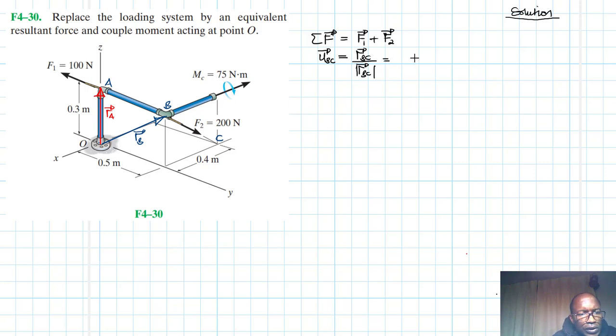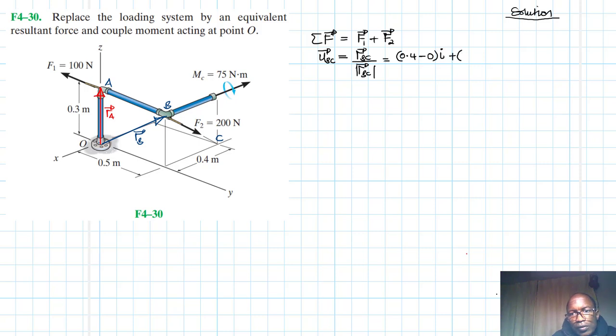The coordinate of C in the X is 0.4, and then the coordinates of B in the X, we're subtracting C minus B. The coordinates of B in the X is 0, so minus 0 I.